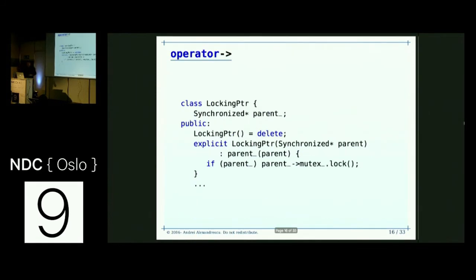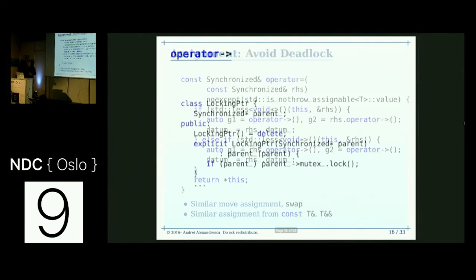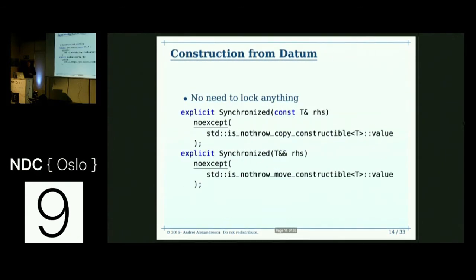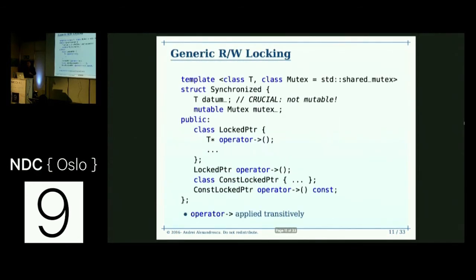Okay, let's recap the basic plot here. Before getting into the implementation of the operator arrow, let me share again the basic plot I'm following here, just to make sure we are on the same page.